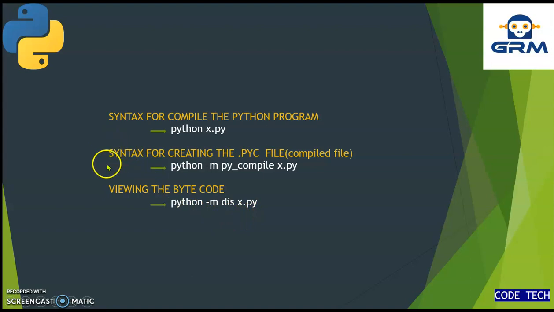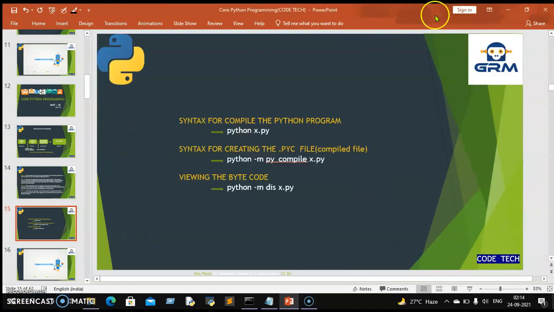The last two are not necessary, but if someone asks you to find the .pyc file of a particular Python program, then simply use this syntax, and when someone asks you to find the bytecode of a particular Python program, then use this syntax. For better understanding, I'll give a live example, so see it carefully. I hope you will understand.